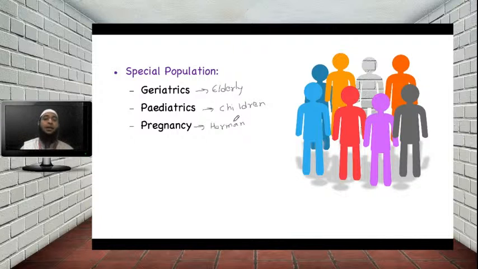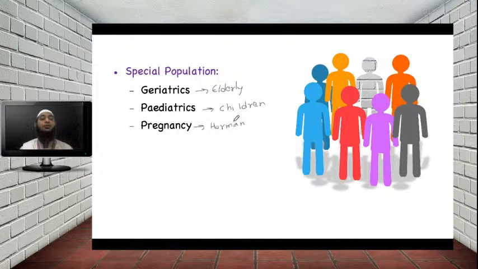So when you are giving medicine to such special populations, you need to consider what physiological changes occur in a geriatric patient, in the pediatric, and in the pregnant woman. You must be very cautious while dispensing medicine to this category of patient as a pharmacist.